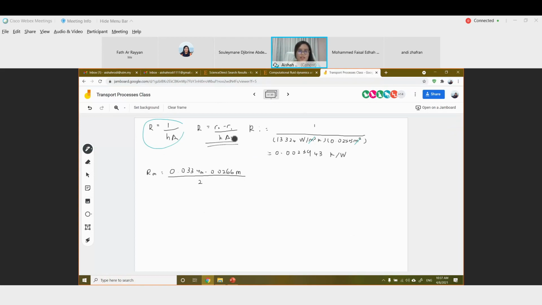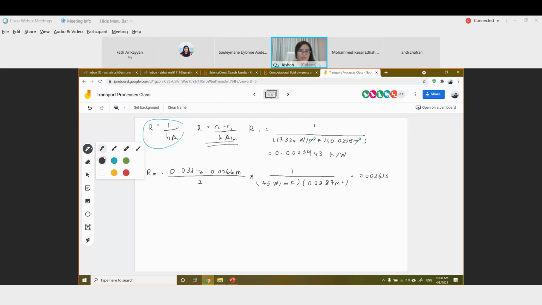Then you divide by the conductivity of 45, for steel pipe, and the log mean area we already calculated just now. If you calculate this, you will get 0.002633.